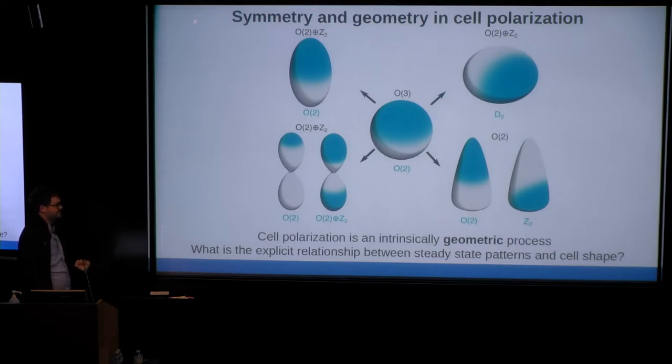And you look at it, you can see, well, if you look at the top, the proteins have oriented along the long axis of the cell. If you look at the right side, they're oriented also along the long axis, but they've achieved a different symmetry than the shape itself.